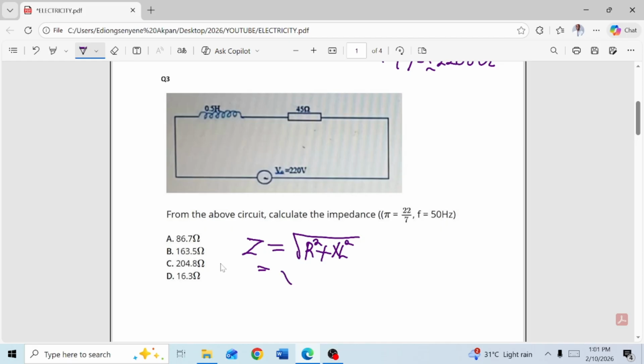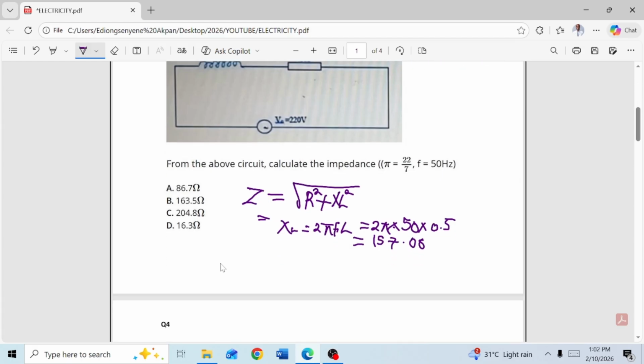So this will give us 2 pi FL. That is 2 pi times 50 times L. On the diagram L is 0.5. We have here 157.08. Now that we have gotten our inductive reactance, we can take it to the equation.